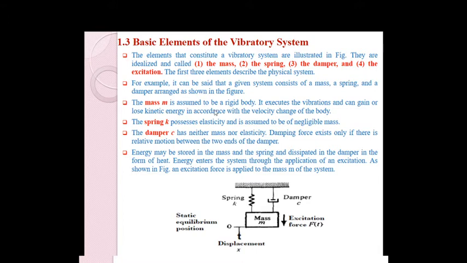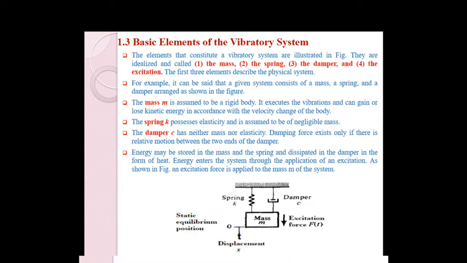It executes the vibration and can gain or lose kinetic energy in accordance with the velocity change of the body, as we just discussed. Because of the velocity change during the displacement, this mass, as it is a rigid body, will completely convert kinetic energy into potential energy or potential energy into kinetic energy. That's why we define the mass as a rigid body.